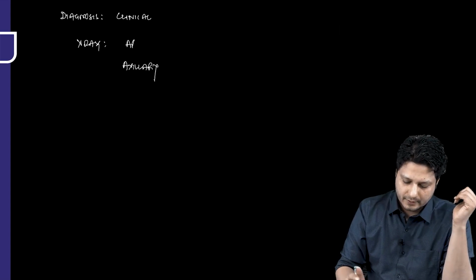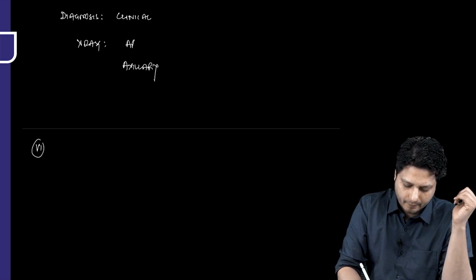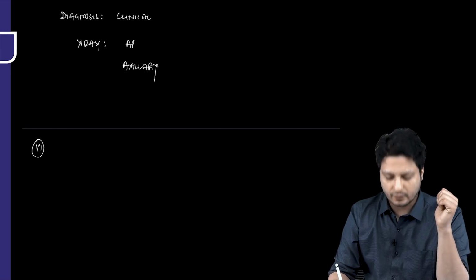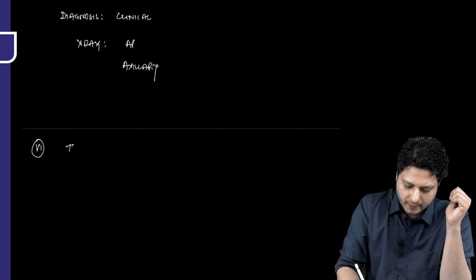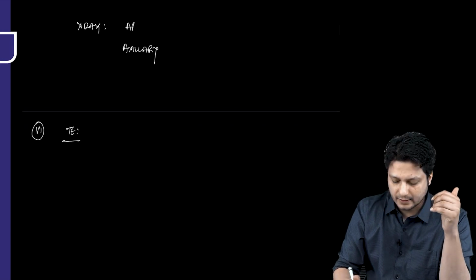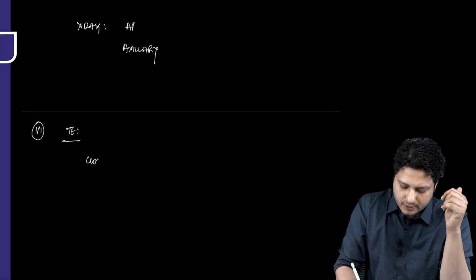Then, apart from this, the next point about the anterior dislocation of the shoulder is the treatment. As far as the treatment is concerned, it is closed reduction.